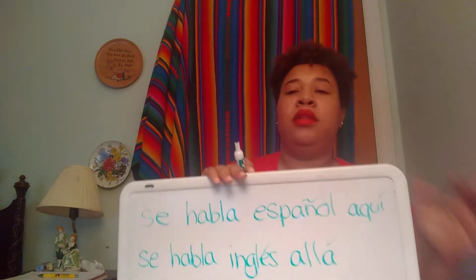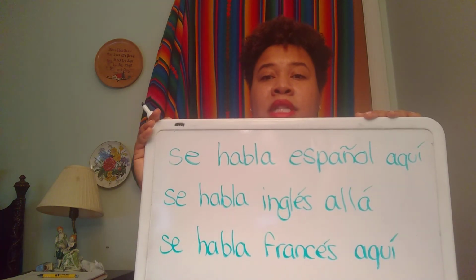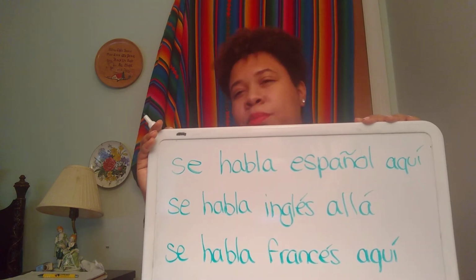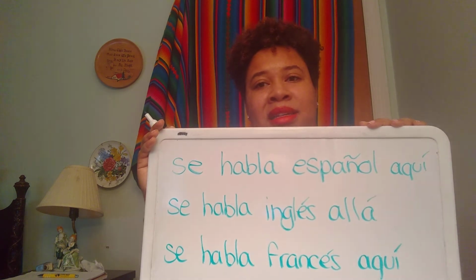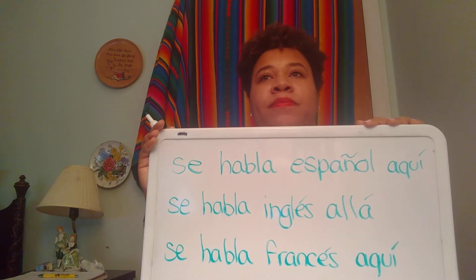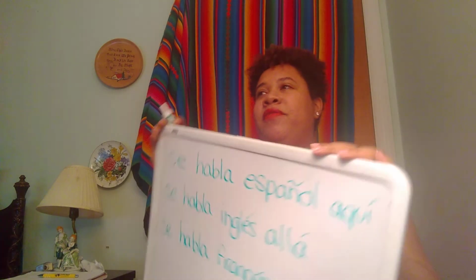"Aquí. Se habla francés aquí." They speak French here. So, this se is the passive se, and you use it for when you're trying to say that no one in particular is doing something, but something exists, something is done, like it happens, if that makes sense.